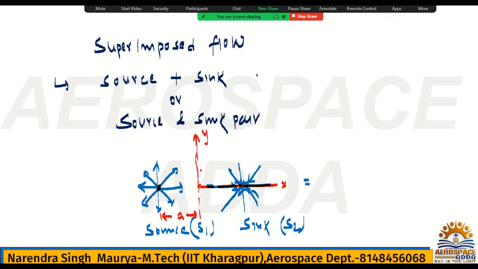So I am considering this as the origin point. From this origin to this source it is a distance a, and from the sink to the origin the distance is also a. So the total distance will be 2a. All right, fine. Now if I draw the flow pattern, how will it be?